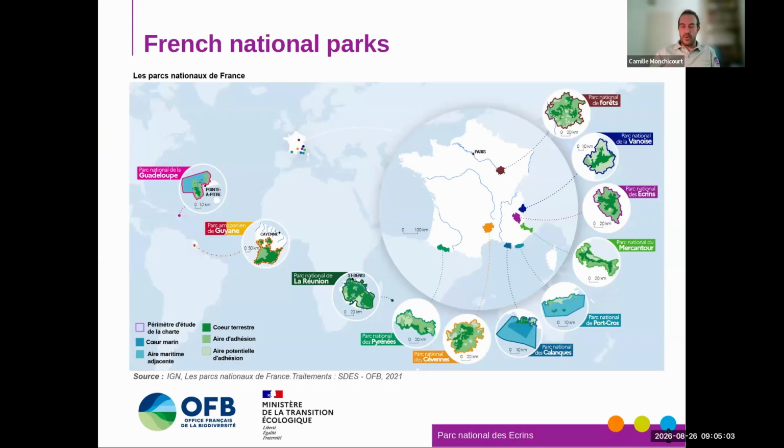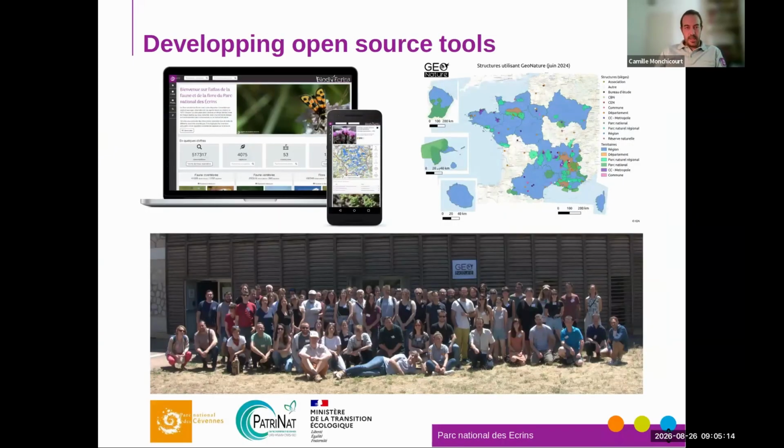The Ecrins National Park is one of the 11 national parks in France. This is the purple one in the South Alps, and we are managed by the Ministry of Ecology, and we also work closely with the Biodiversity French office. Sharing the knowledge of biodiversity is one of our main missions, and that's why we have built and developed several web applications and databases to collect, manage, and share our data about the biodiversity of the national park.